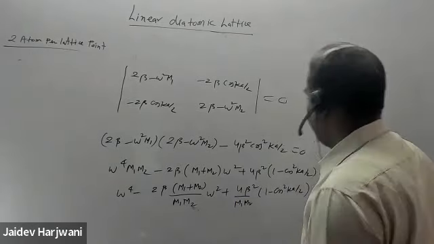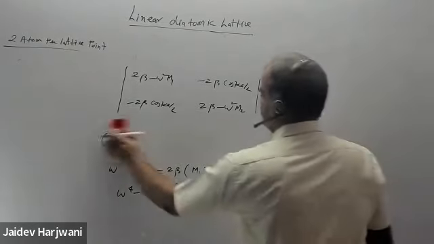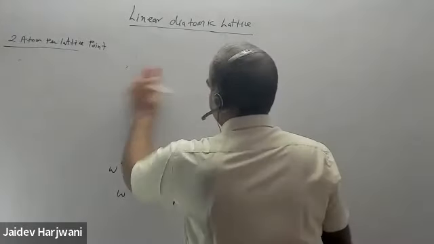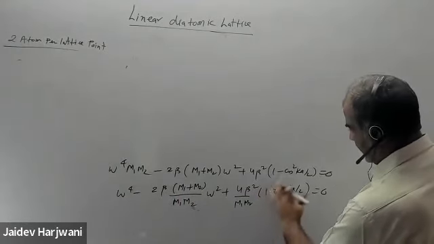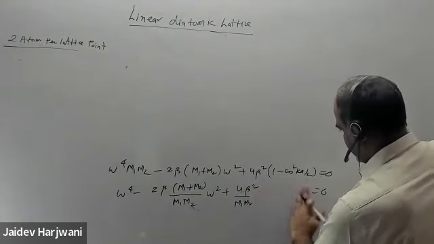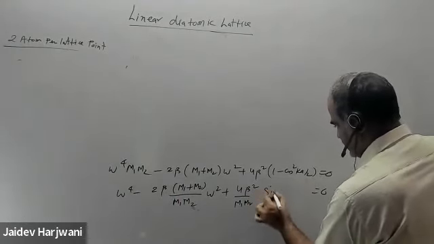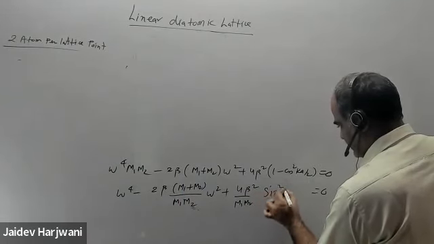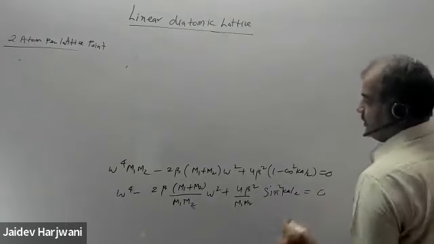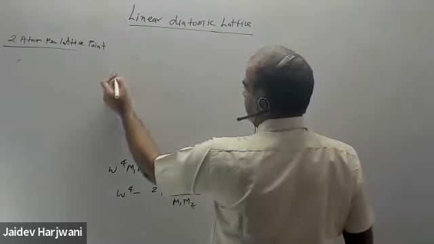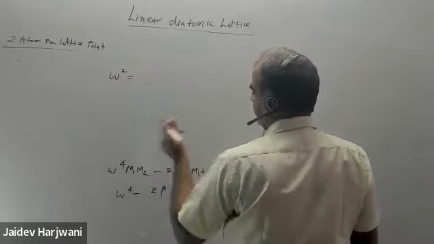Now if I write the solution of this equation, you can write 1 - cos²(k/2) as sin²(k/2).